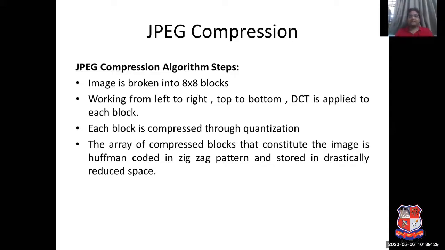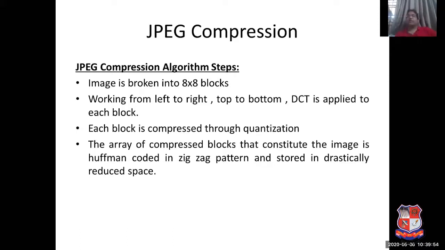Now each block is compressed through quantization. The DCT, that is the discrete cosine transformation, gives us the frequency information. Basically we get a DC component and AC components. In each DCT block, the 0,0 position contains the DC value of the entire 8x8 pixel block.